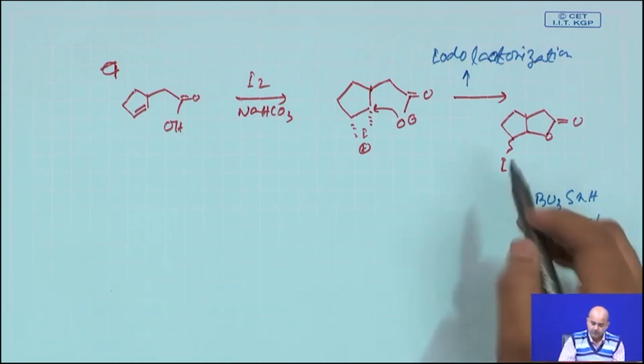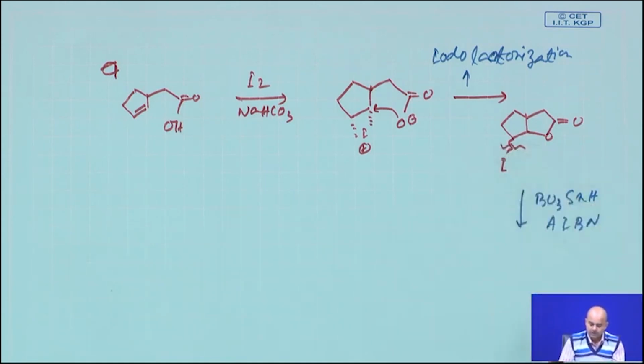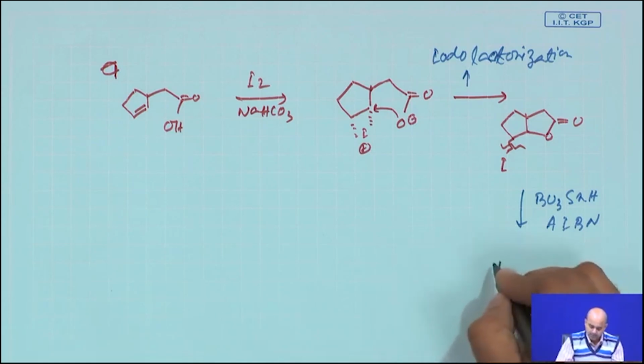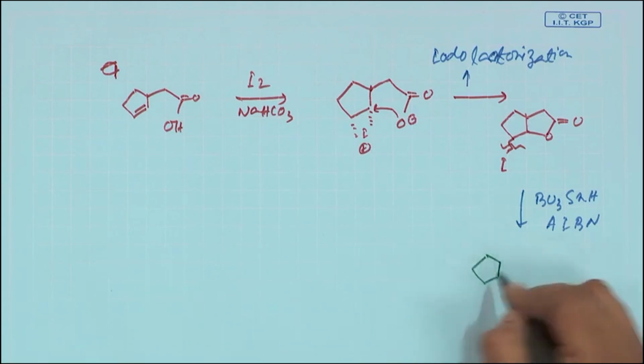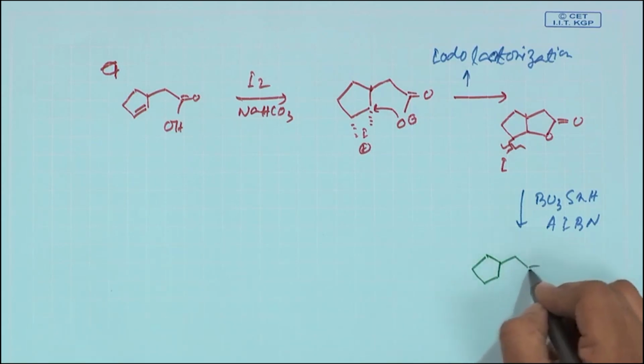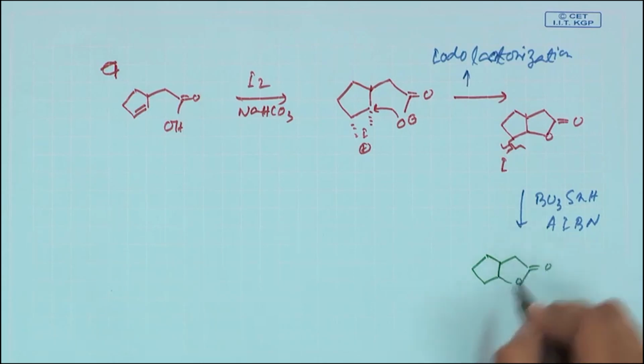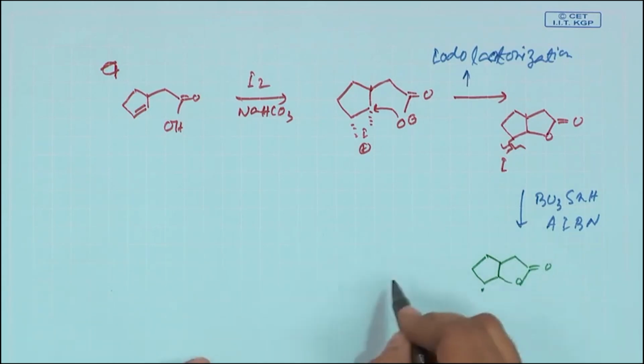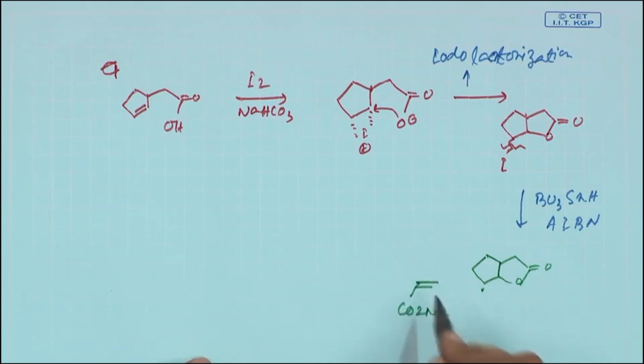Now, I am saying this iodo compound can be easily cleaved through Bu3SnH and AIBN. This homolytic bond cleavage is possible, and what are we getting? You will basically get a radical here, is it not? Now, this radical can easily react with the other starting material, which is giving you methyl acrylate.